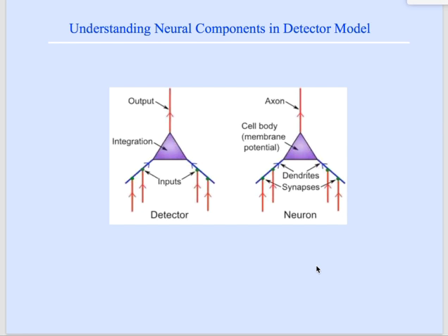That information then moves to the cell body, where the cell body essentially integrates the information that comes from the dendrites. And then after it integrates that information, the cell body decides whether or not to fire and send a signal down the axon.